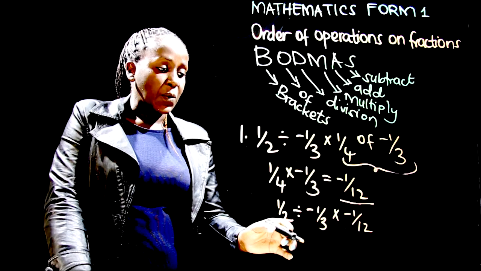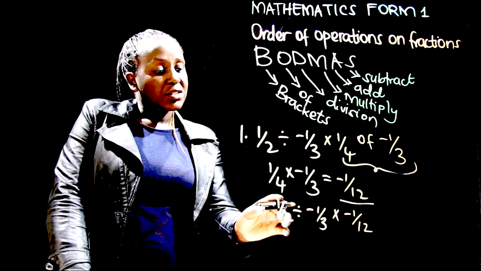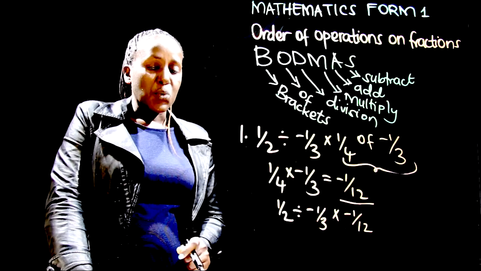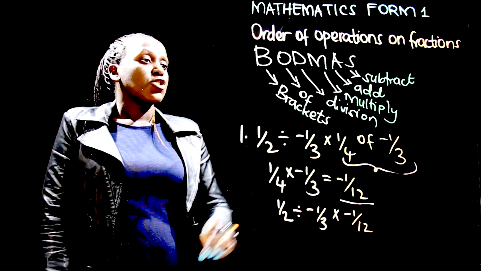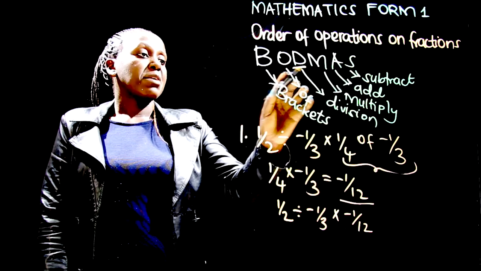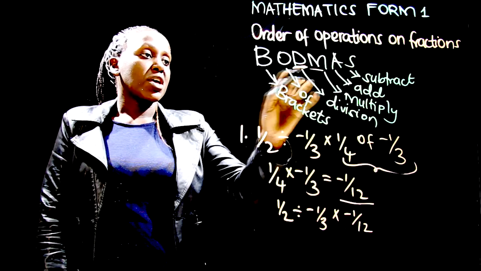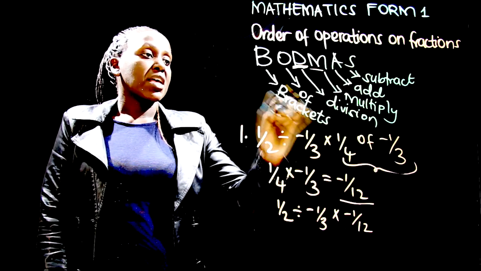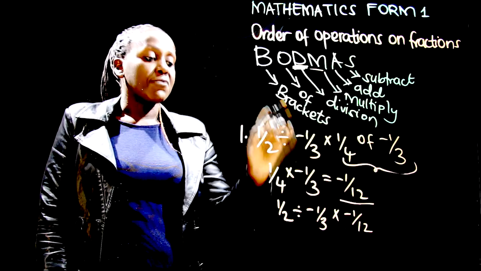Now between division and multiplication, which one comes first? Looking at BODMAS, we have division coming before multiplication. So we begin with the operation of division.